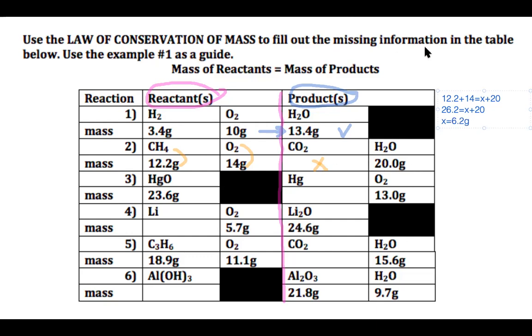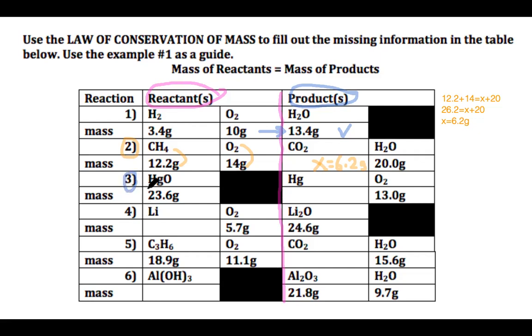Okay, let me write it. X equals 6.2 gram. Okay, so this is the second problem. Now you try the third problem. If you have an answer, you can share it with me.